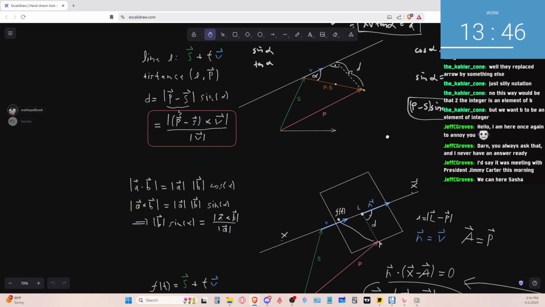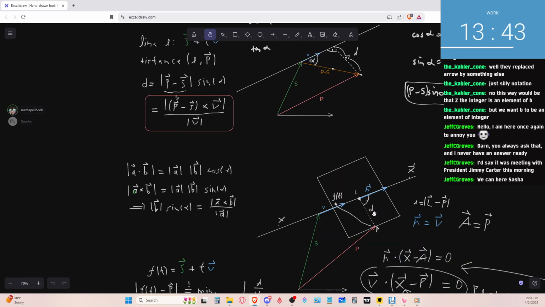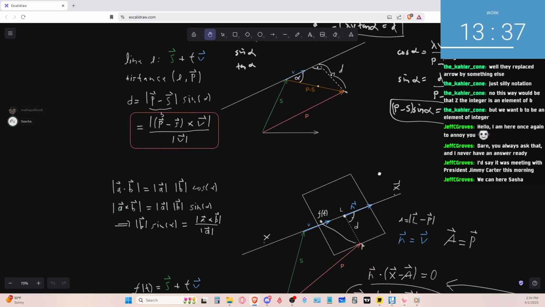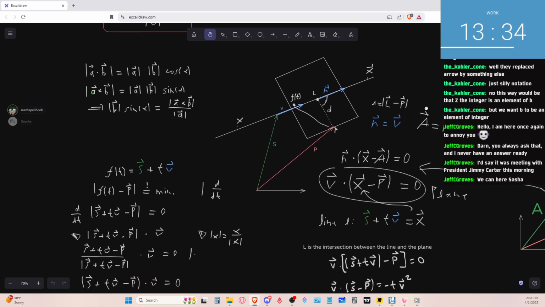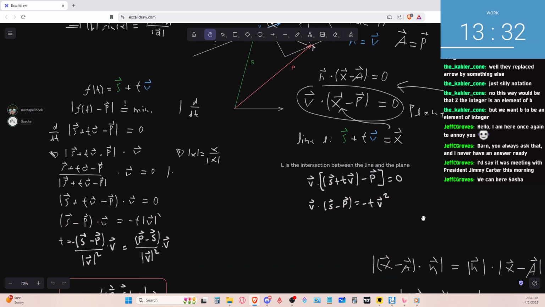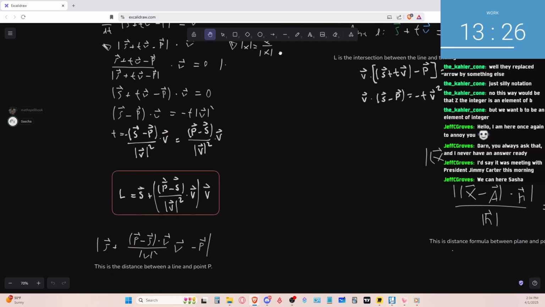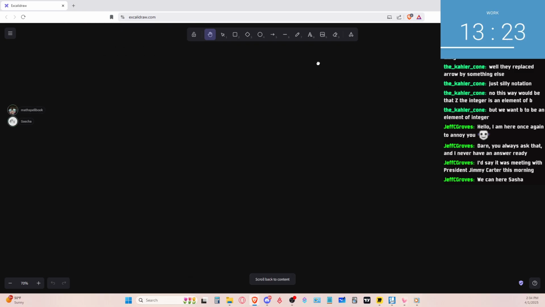Alright, so here, this is what me and Sascha worked on last time, I believe. Oh, no, I think this is empty. Oh, no, this is what Mavort was trying to teach me: the distance between planes and lines. Okay, I see, I remember that too. So we'll just drag it down here. I don't know if I can share with you, unless you link it to me on Excalidraw.